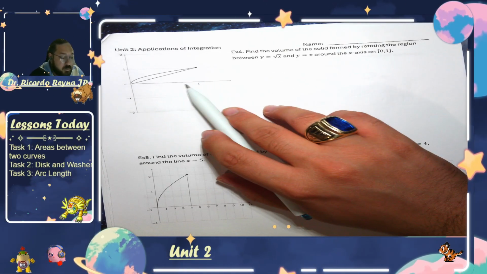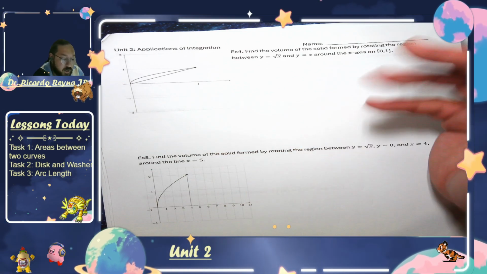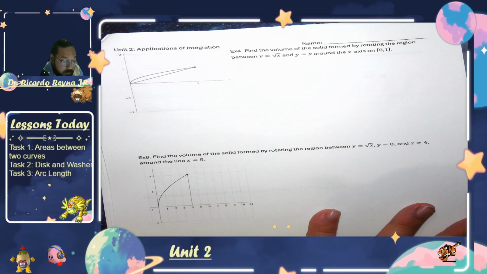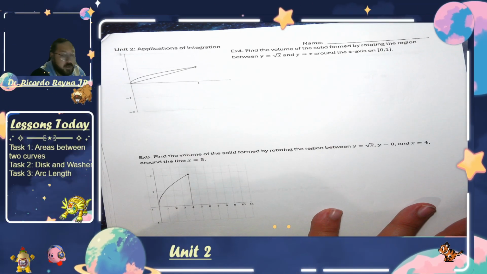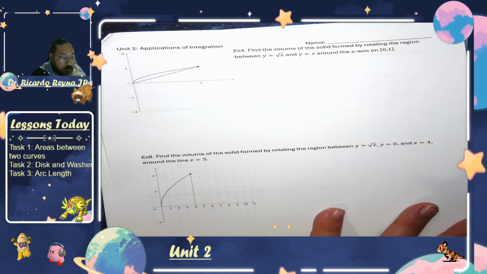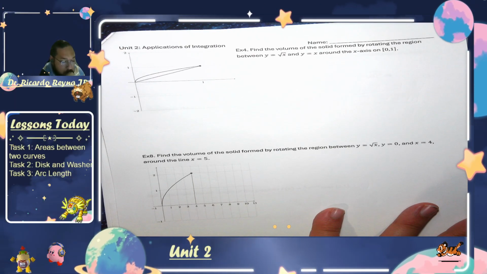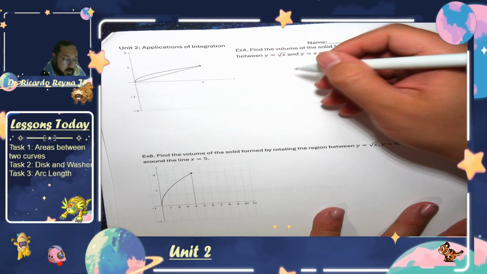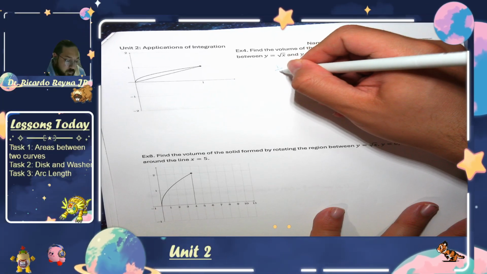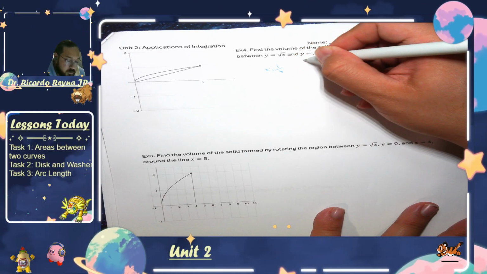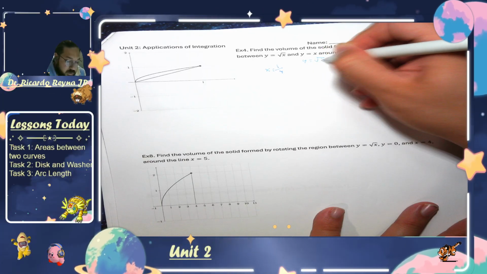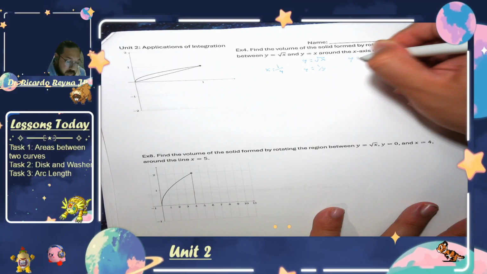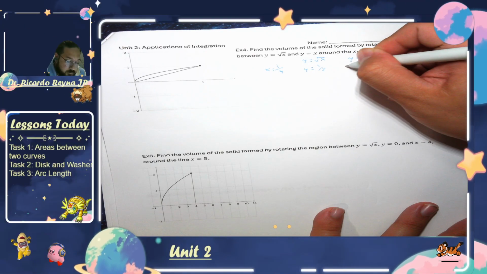If you pick any point, let's say 0.5, we should be able to see what is the top and what is the bottom. Or maybe pick something you know you can take the square root of, so let's pick x equals 1 over 4. The square root of x is going to be 1 over 2, and x is going to be 1 over 4.